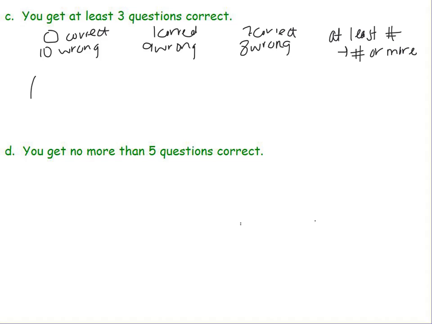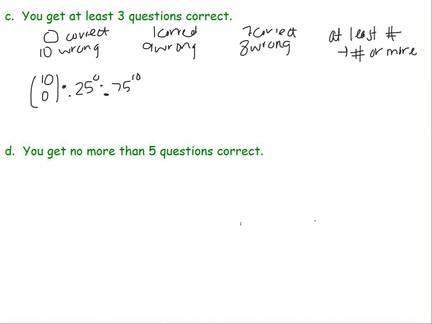So the first part, 10 total questions, 0 correct, times 0.25 to the power of 0 times 0.75 to the power of 10. So that's the case for 0 correct.